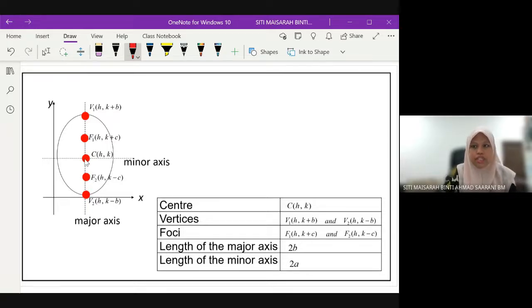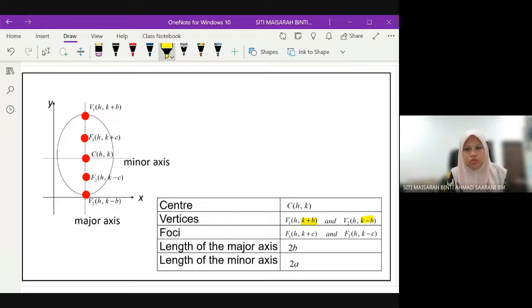Center ni dia macam persilangan antara major axis dan minor axis lah. So jadi center dia masih sama is (h, k), but dia punya B1 dan B2 dia berubah pada y ya. So jadi kalau y dia involve dengan b lah. So dia (x, y) kat sini jadi (h, k plus b), (h, k tolak b).